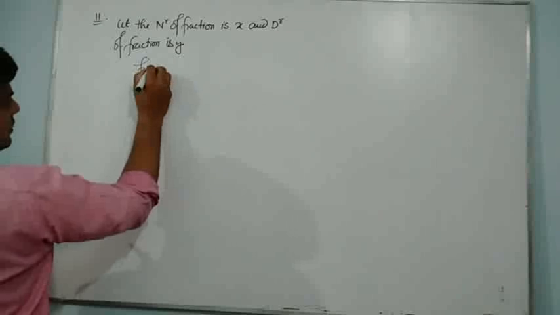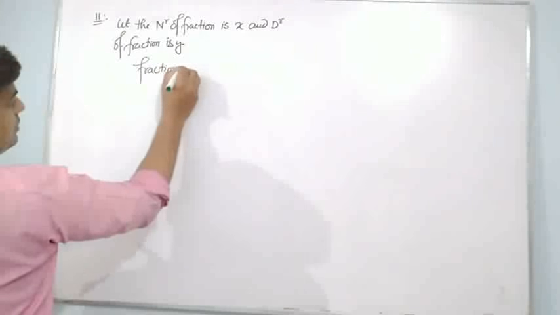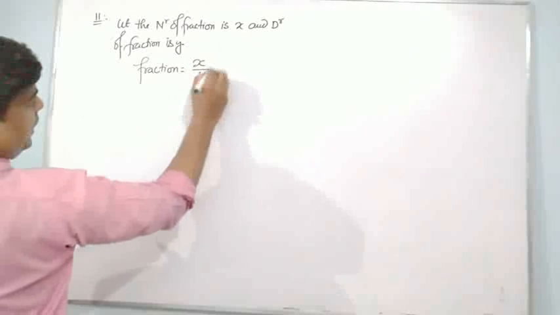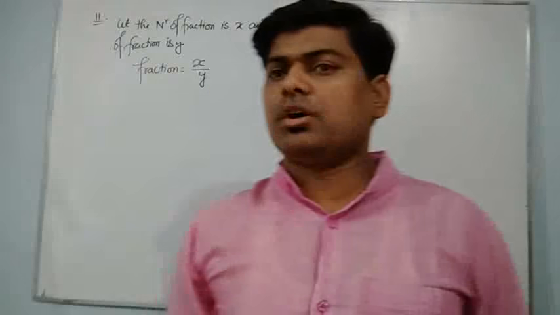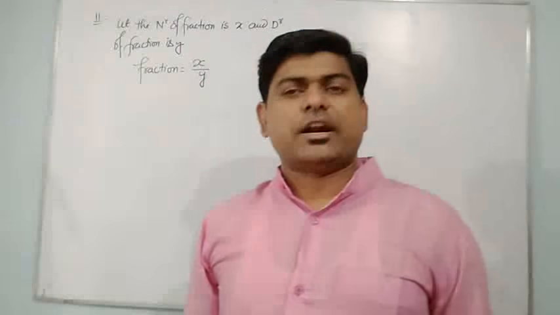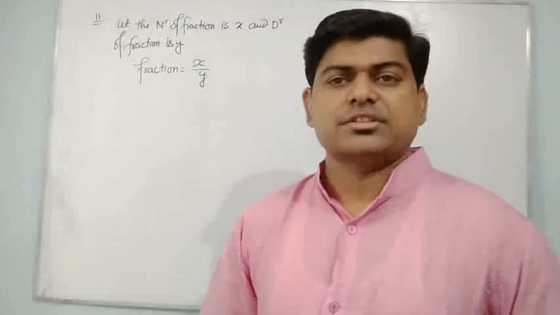Then what should be the fraction? x upon y. And we have to find the fraction only, means after substituting the values of x and y, whatever we get will be the result and that will be our answer.